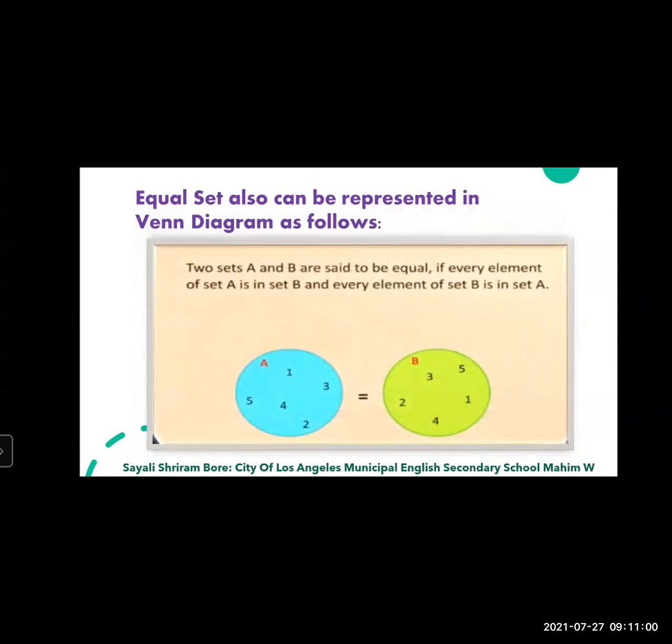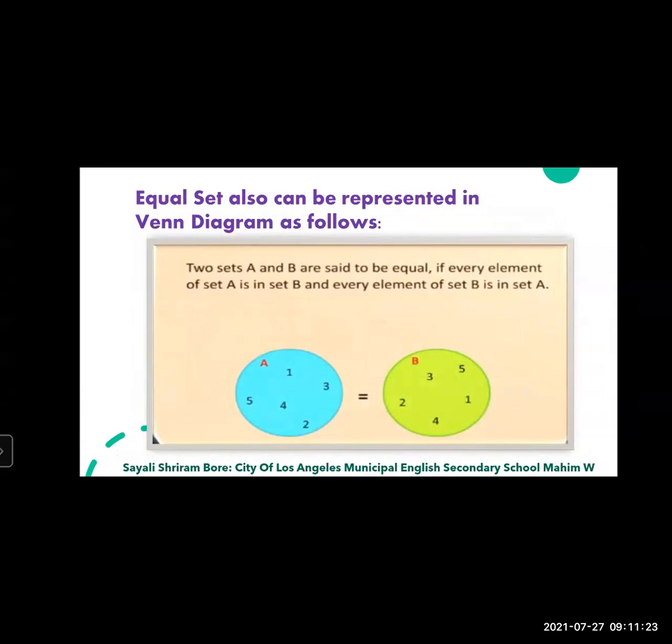Now, in the last lecture we studied the types of sets, including the equal set. That equal set can also be represented with the help of the Venn diagram. You can use a Venn diagram to represent any type of set.